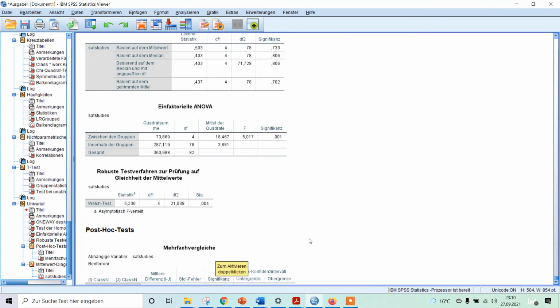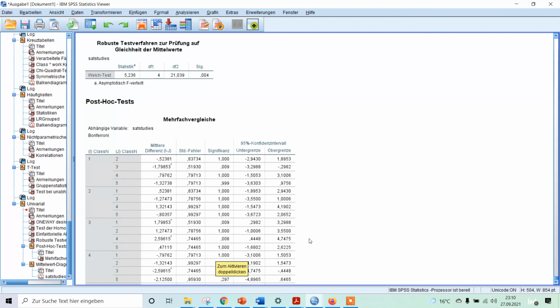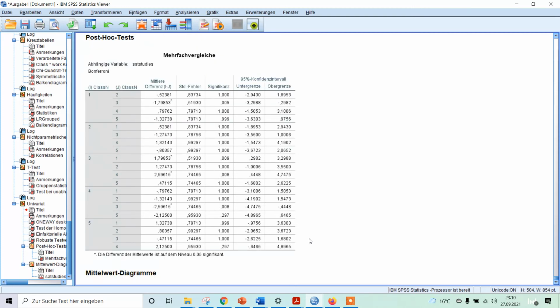And now let's have a look at the post hoc test. The post hoc test shows us exactly which differences between which classes are significant. It is always the values with a little star on the top.